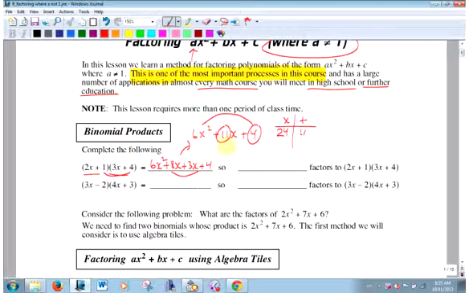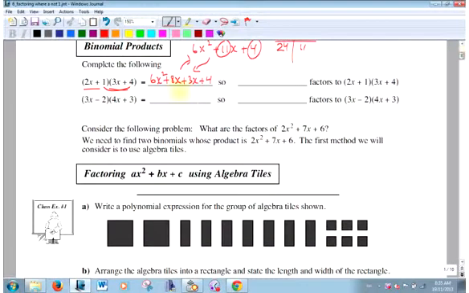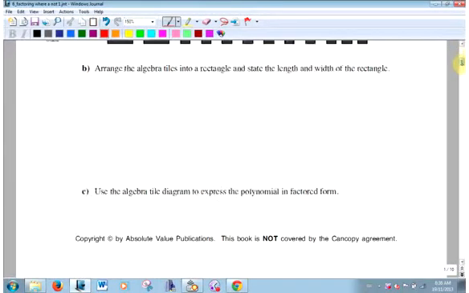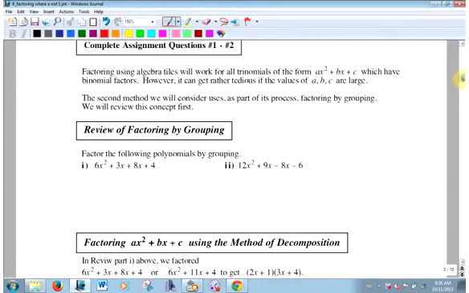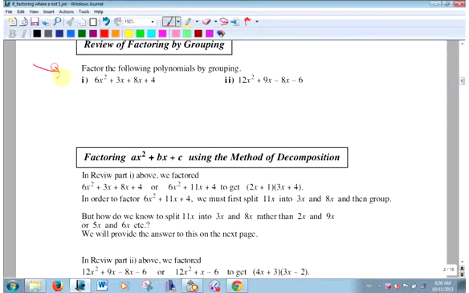So what we want to do is make it look like this. We want to factor this guy by grouping. Okay? So this thing in that form, flip on over to here, there it is. Okay? And a little review from yesterday. We want to do this by grouping.